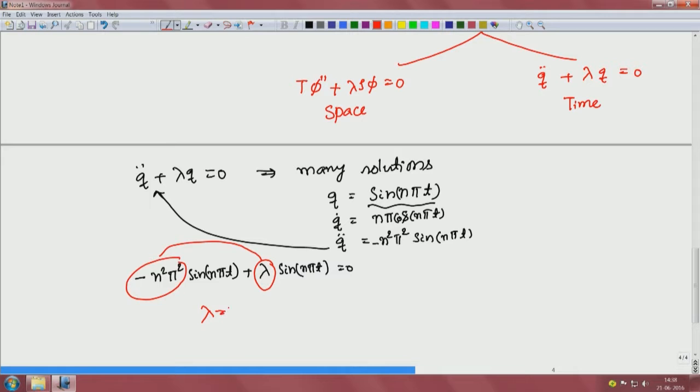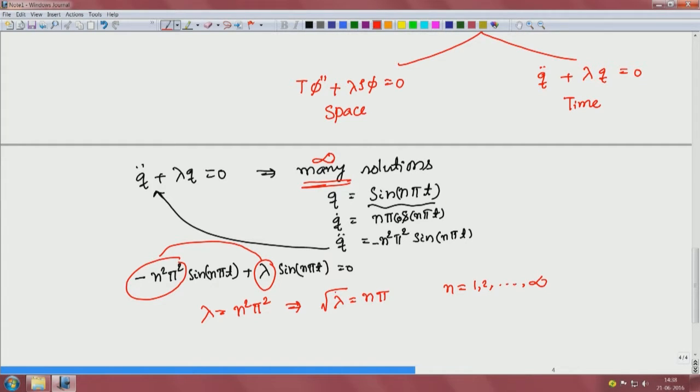Or you could have assumed the square root of lambda is n pi, where n can be 1, 2, 3 up to infinity. So when I say many solutions, there are infinite solutions. I can assume n equal to 1 to infinity, I have that many solutions.